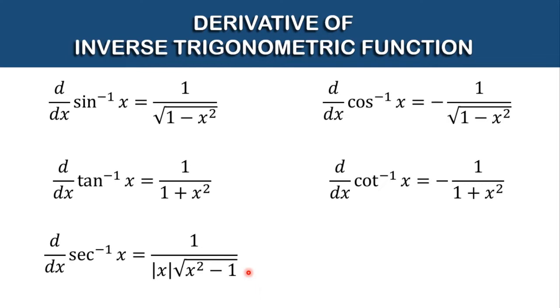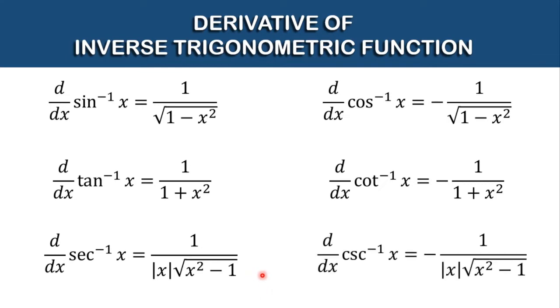And for the derivative of arccosecant of x, this is equivalent to negative 1 over the absolute value of x times the square root of x squared minus 1. So kagaya lang nung apat na nasa itaas, yung sa arcsecant natin is positive ang derivative niya, sa arccosecant natin, negative ang derivative niya.